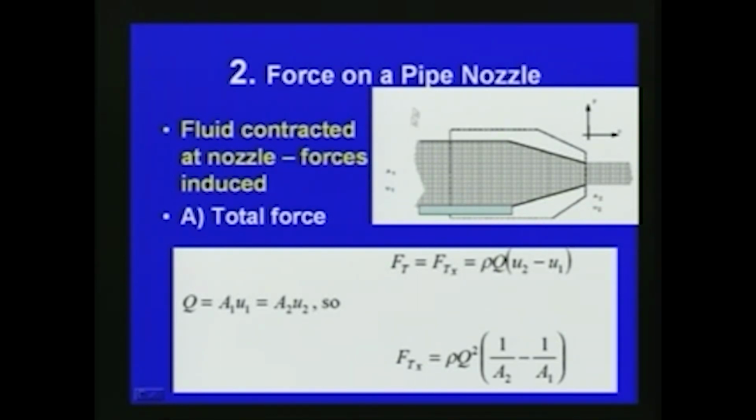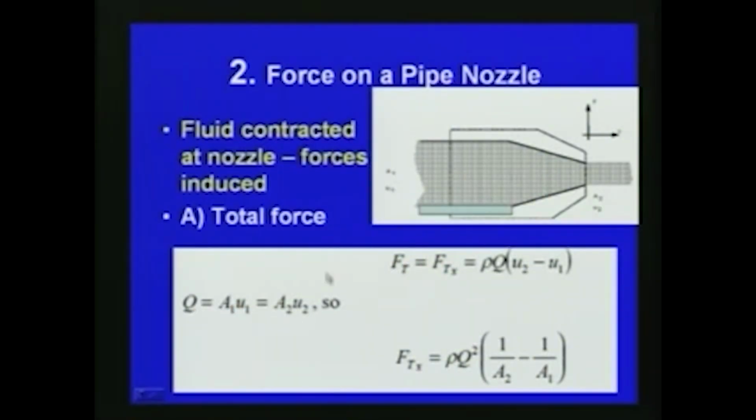The control volume considered is shown in this slide. With respect to the nozzle, the fluid is contracted at the nozzle and forces are induced on the pipe where the nozzle is connected. First we will consider the total force, in the x direction.